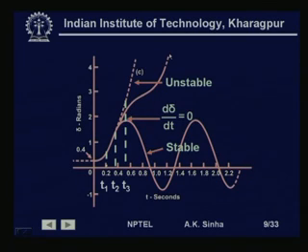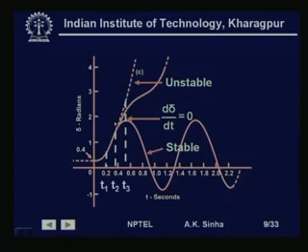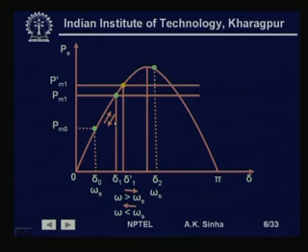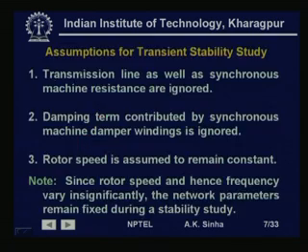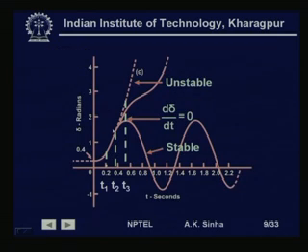So, again what we are finding is now the delta angle keeps on increasing, and we say that the system has become unstable. If we had increased this PM value much more, then the response of the system would have been like this, that is, there is going to be a very fast acceleration and the system is going to become unstable.